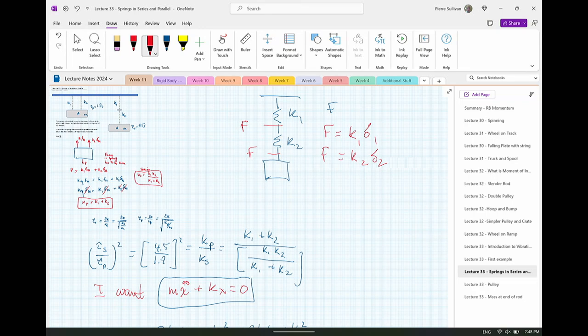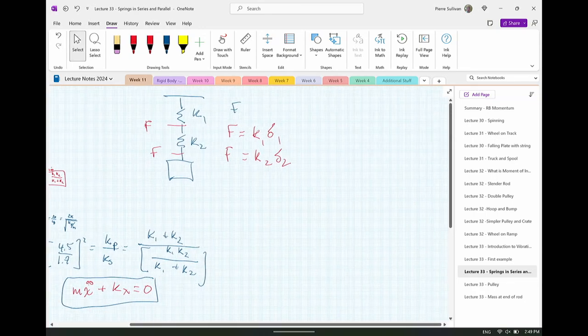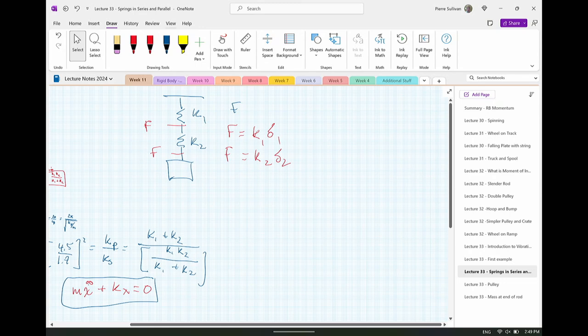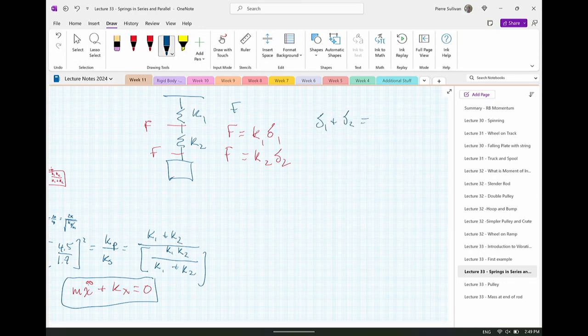It just means delta 1 and delta 2 are going to play a role in determining what my final result is. So delta 1 plus delta 2 is equal to delta. And I can write each of those as force over K1, force over K2, is equal to force over K equivalent.